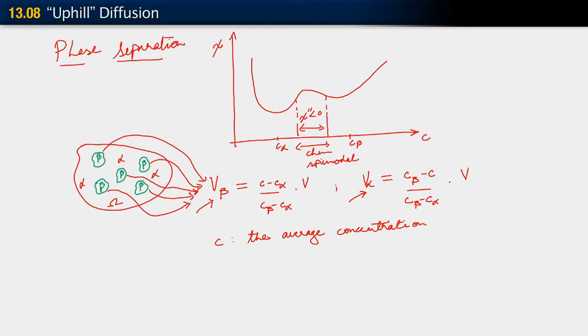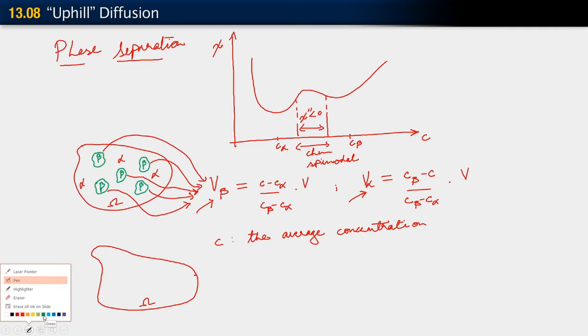So what the formulation does not tell us is how things look. This is our body, omega. Do they look like this, or do the particles form of bigger size but fewer in number? Or do we have maybe just a couple of large beta particles?